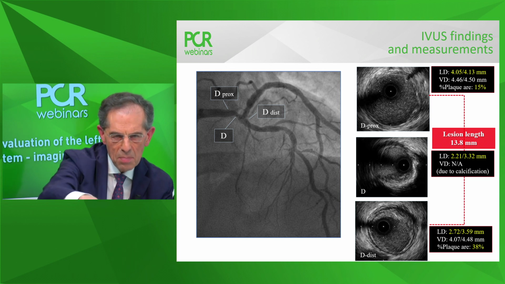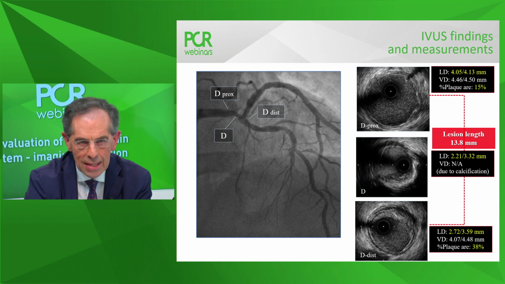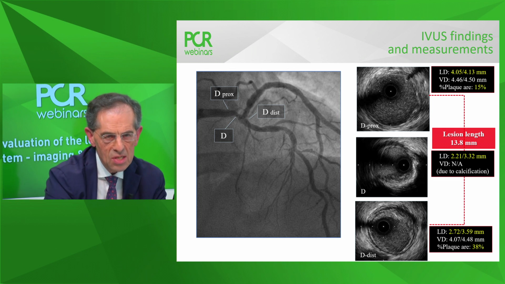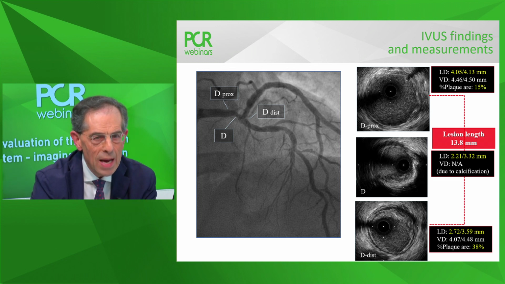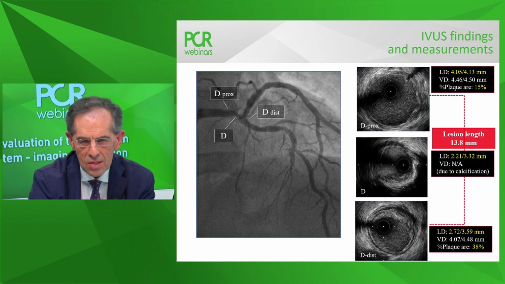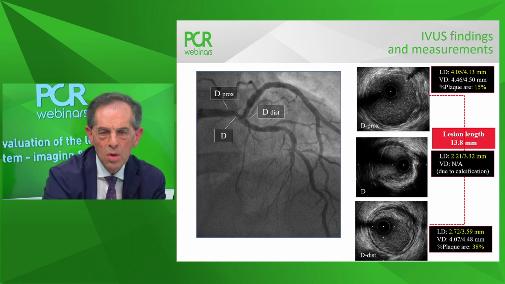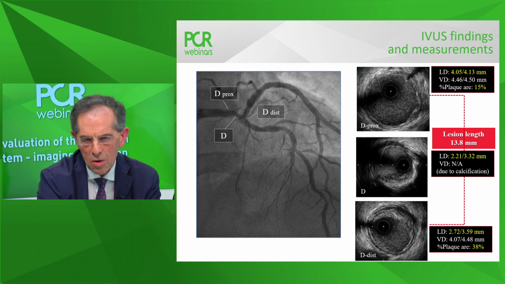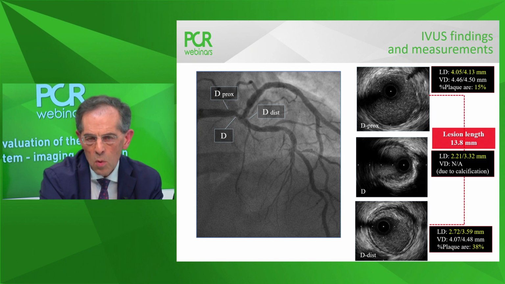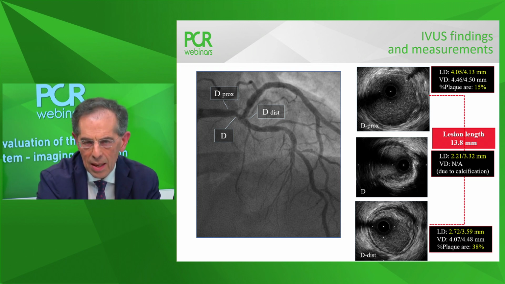Then you have below where to land, because if we are placing a stent, we need to decide where we're landing with the stents. And you may see that at this point in the cross-section below, number 1, you don't have lipid plaque. Number 2, the plaque burden is quite limited.